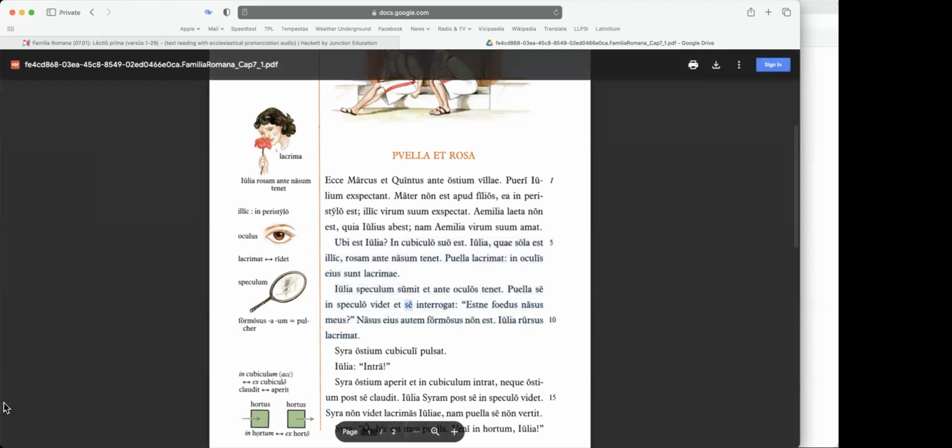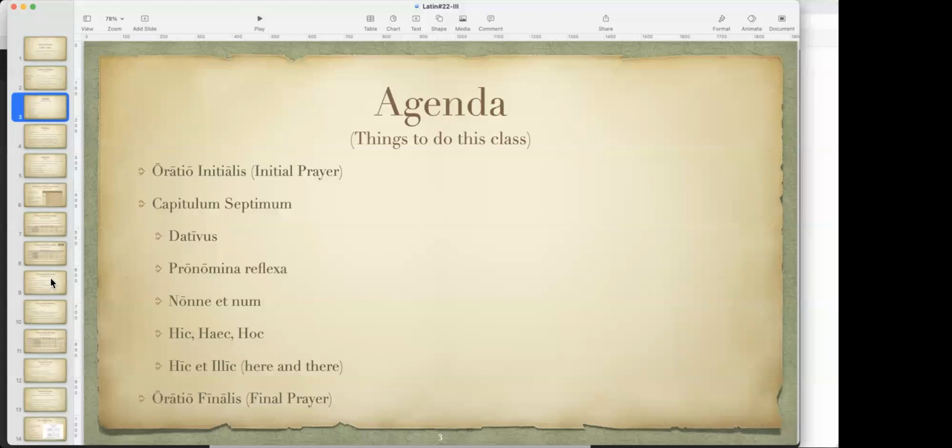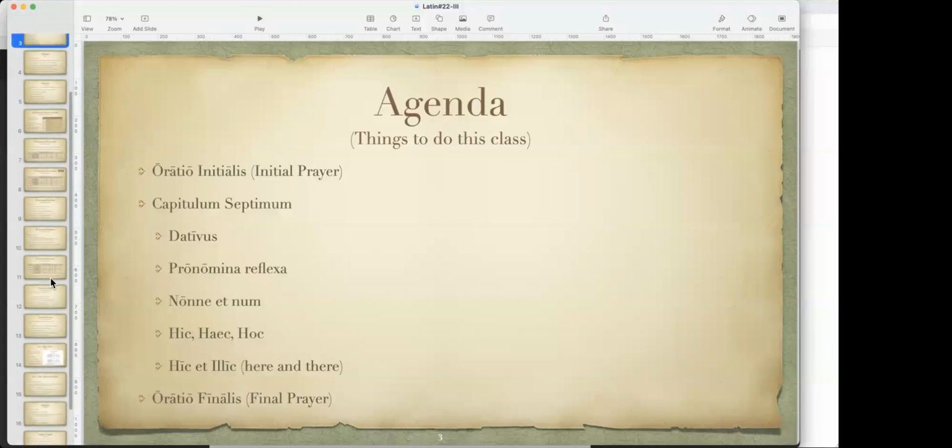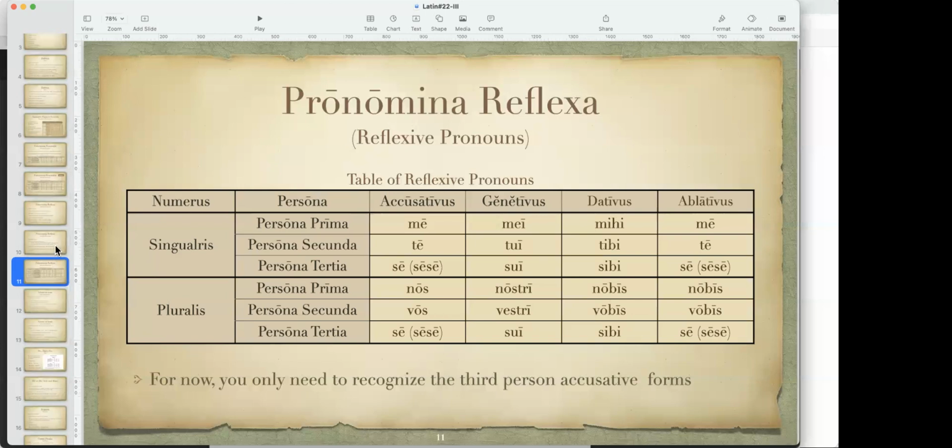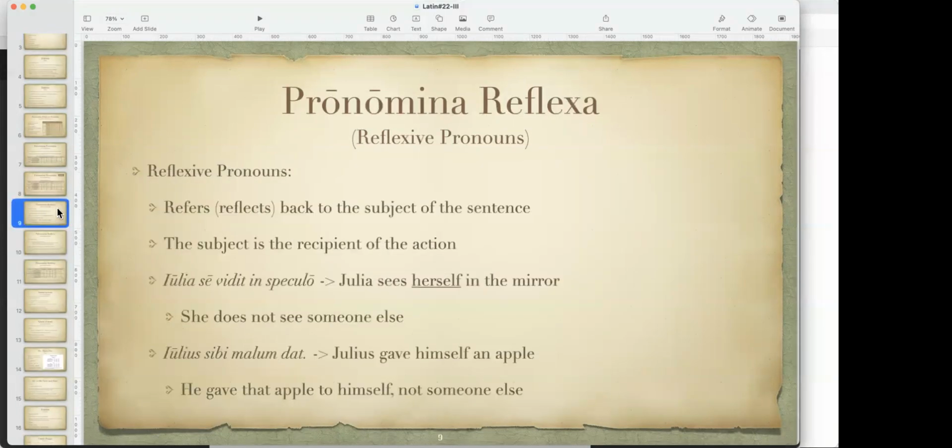I happen to have a chart about that. Yeah, in the companion it lists se as himself and sibi for herself. Clearly here it means herself, not himself. I could open up the companion, but that's probably misleading the way they've written it.